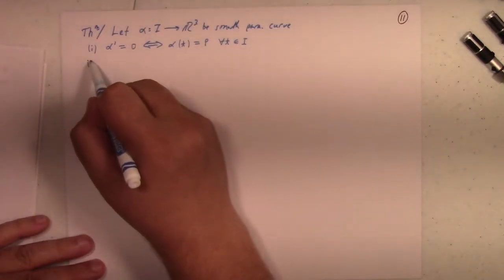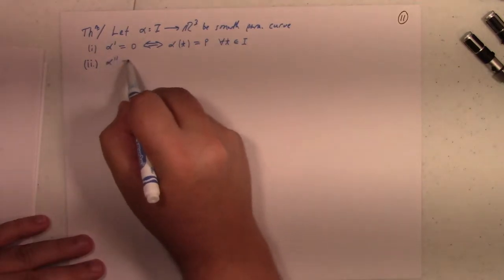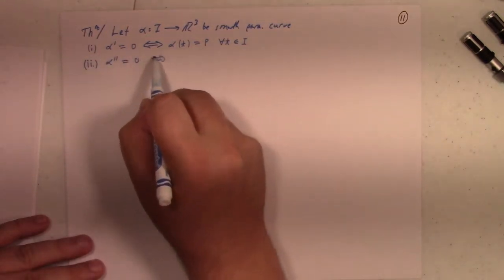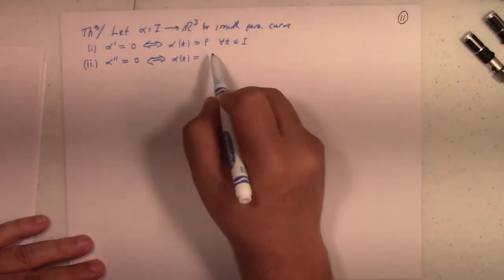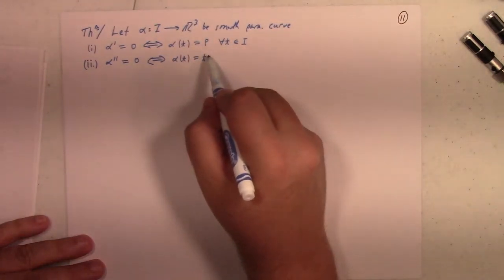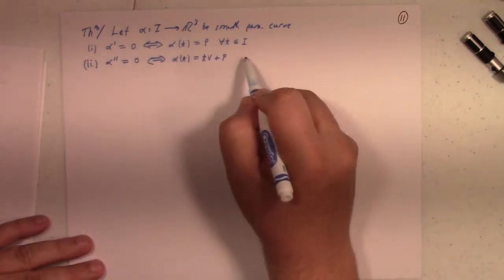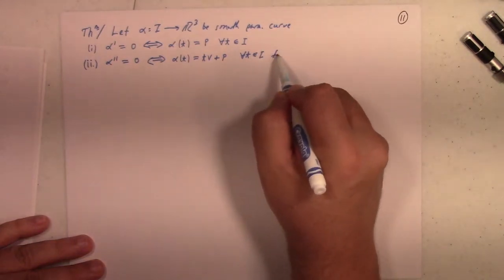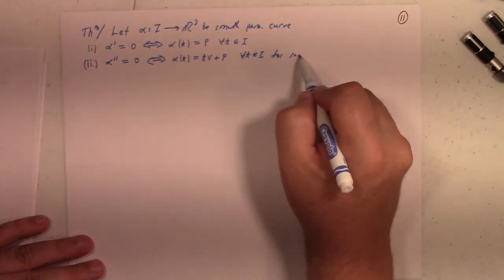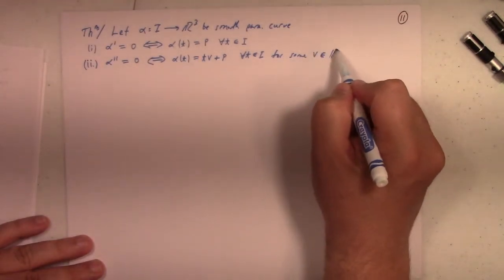Two, alpha prime prime is equal to 0 if and only if what? Well, if and only if alpha of t is equal to tv plus p for all t and for some v in R3, okay?